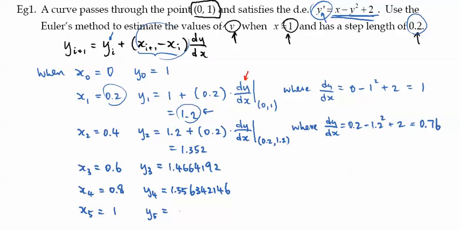And here I can round it to 3 significant figures, or sometimes they may say round it to 4 significant figures, or whatever it is. Most of the time they will tell you what to do. So let's say if I want to round it to 4 decimal places, then I will have y equals 1.6319, rounded to 4 decimal places.